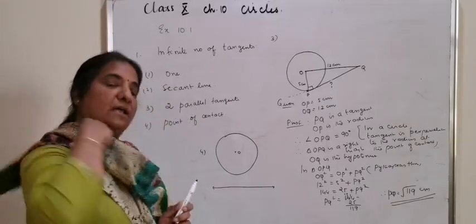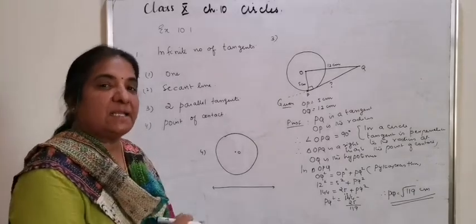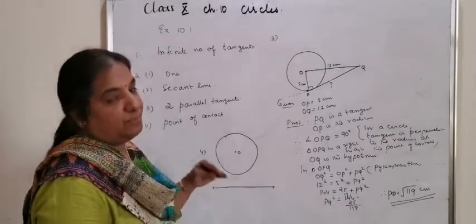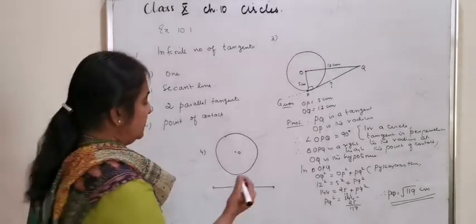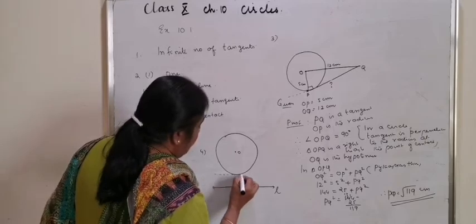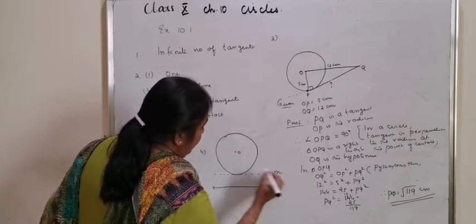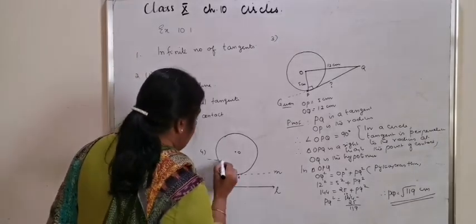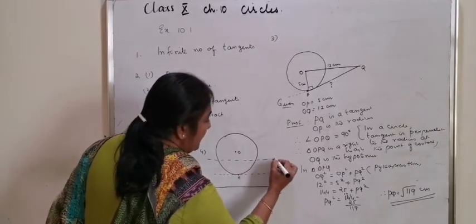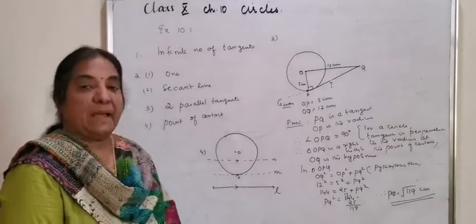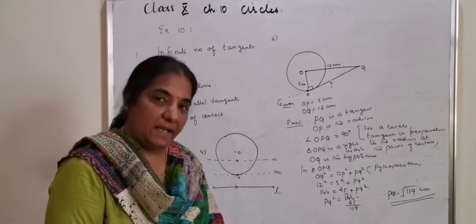You have to draw a line which is a secant as well as another line which is a tangent, and both have to be parallel to the given line. The tangent will be the line M with the point of contact A, and secant will be line L, and all these three lines are parallel to the given line L.